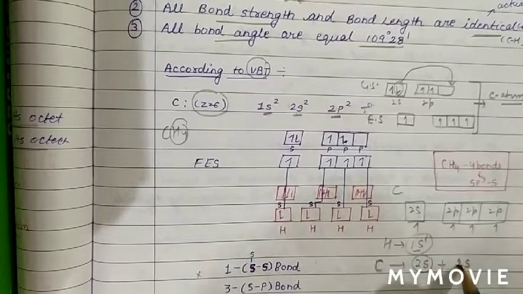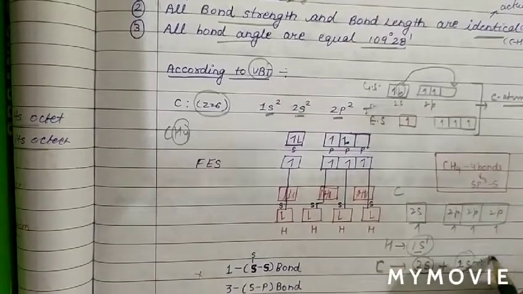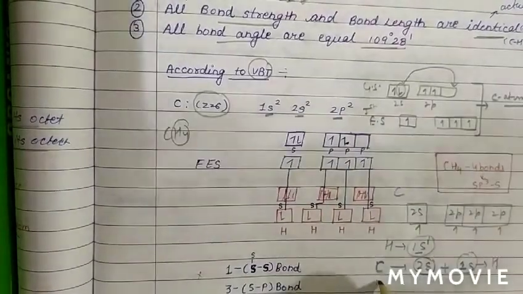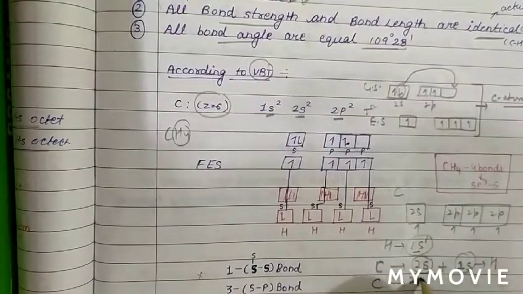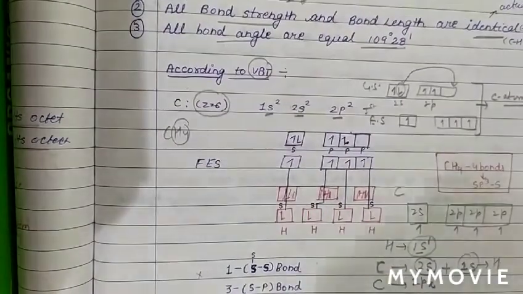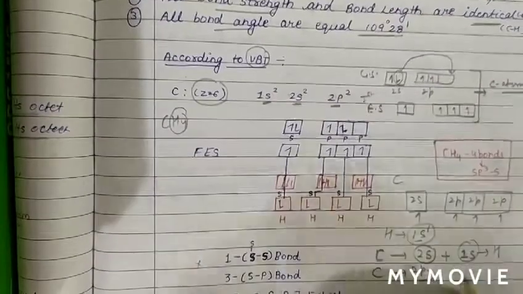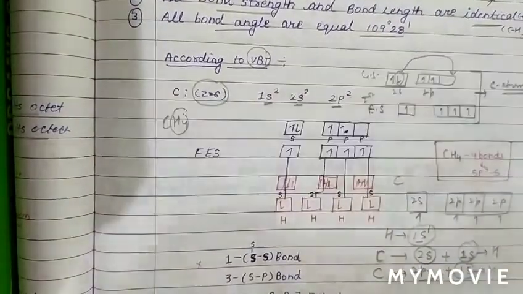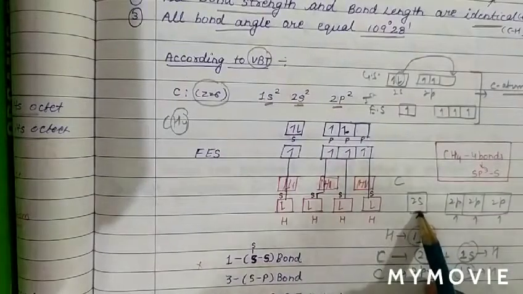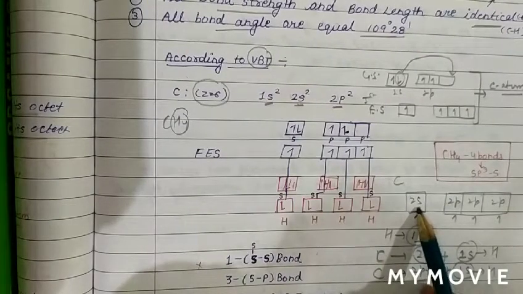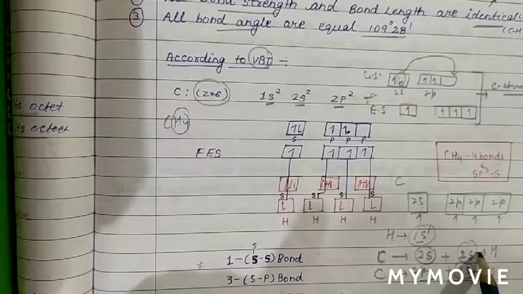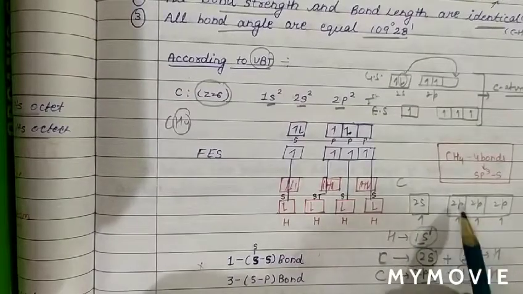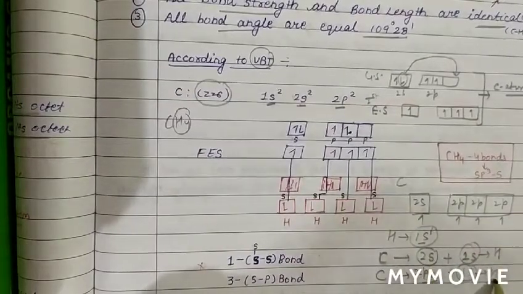While one of the carbon 2px orbitals will overlap with another 1s orbital of hydrogen. So two orbitals we have used. One bond is formed between carbon 2s and hydrogen 1s. One bond is formed between carbon 2px and hydrogen 1s.